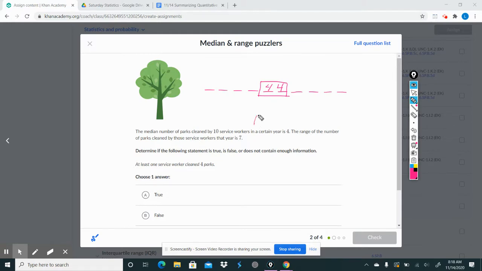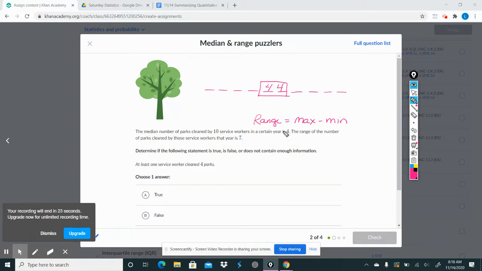The range of the number of parks cleaned by those service workers is 7. So remember, range equals the max minus the minimum. Determine if the following statement is true, false, or does not contain enough information. At least one service worker cleaned 4 parks. Well, we might have enough information for that.